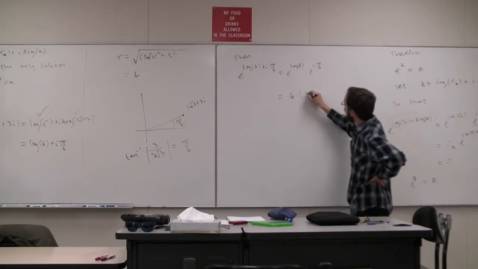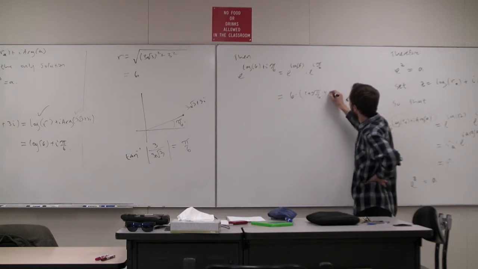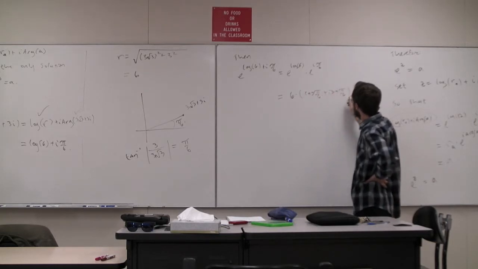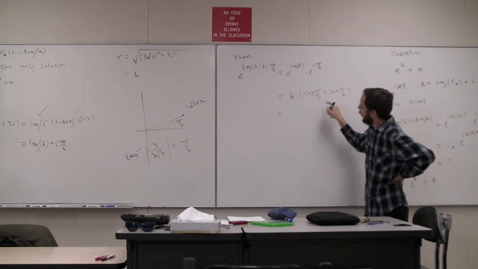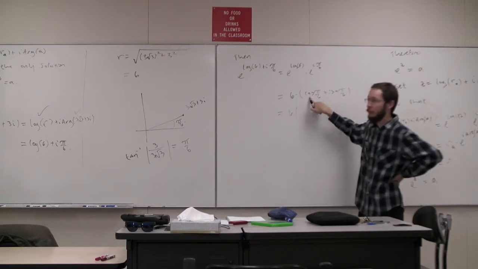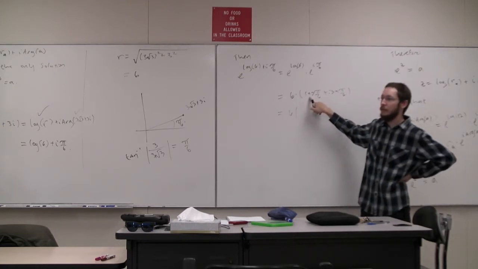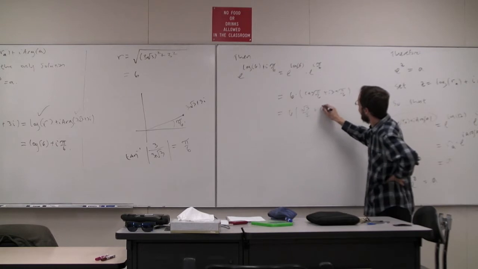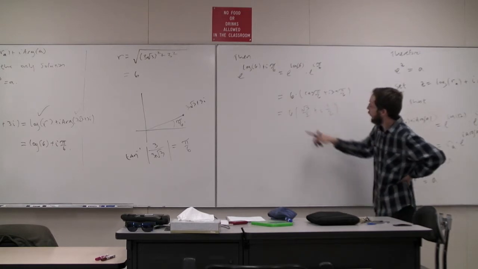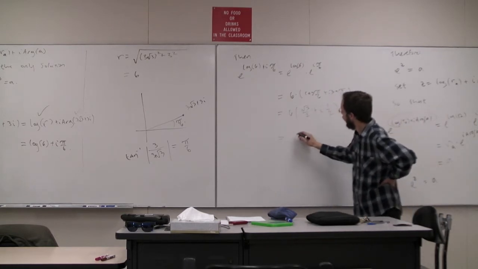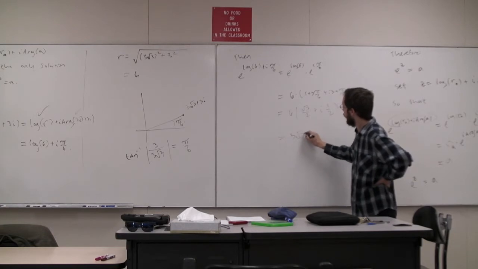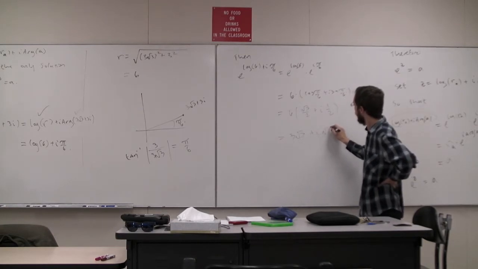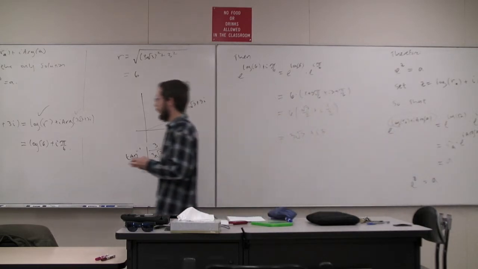This thing is cosine pi over 6 plus i sine pi over 6. And that degenerates down into cosine pi over 6, which is square root of 3 over 2, and sine pi over 6 is 1/2. Multiply that through, and lo and behold, we get exactly what we wanted back.